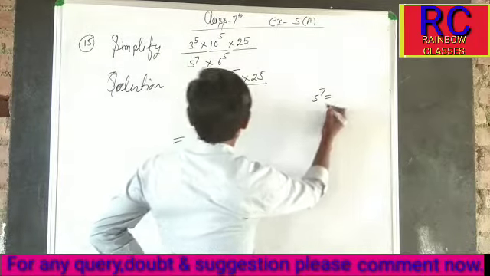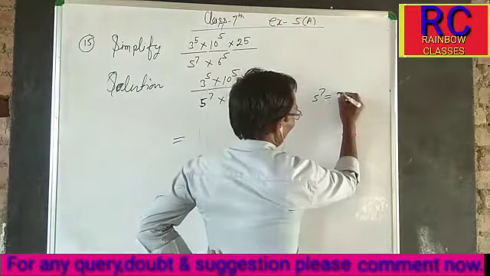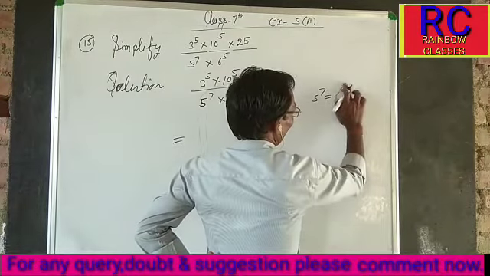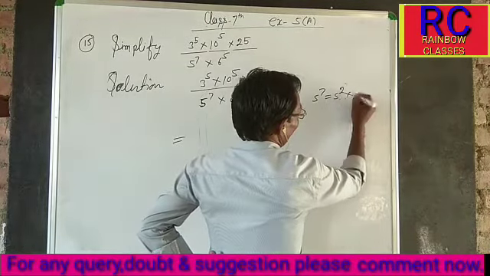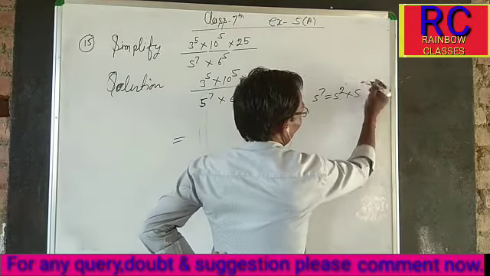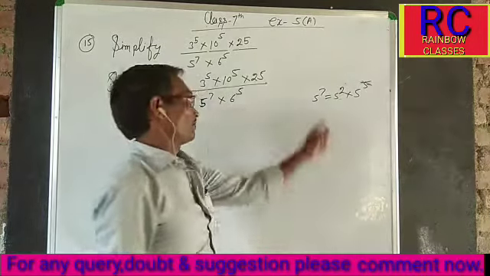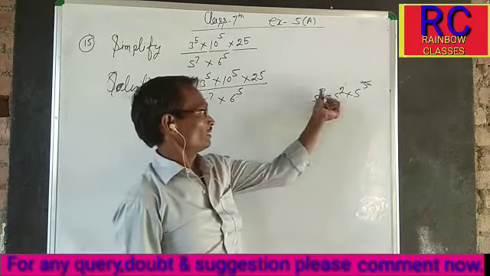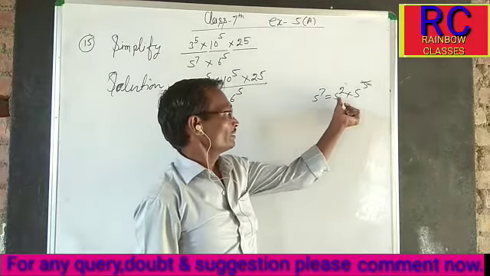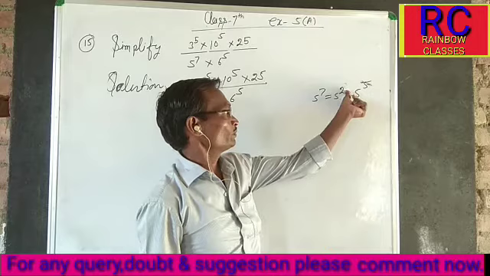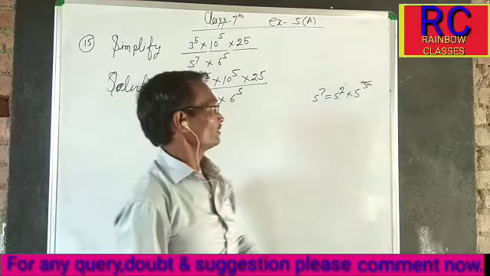5 to the power 7 is equal to 5 to the power 2 into 5 to the power 5. We write 5 to the power 7 as 5 to the power 2 into 5 to the power 5.